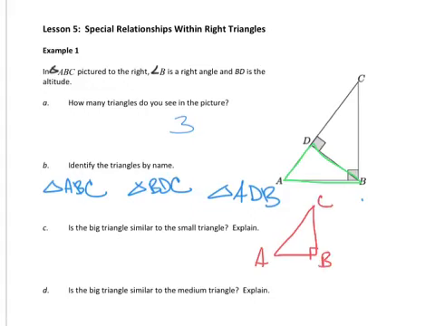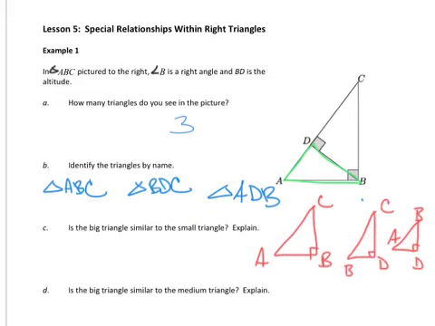And then we have the medium-sized one. So this is a right angle D, and this is C, and this is B, but it's a different B than the other B. And then we have the little guy. So again, this is a right angle D, and B, and A. So for starters, we know that they all three have a right angle to them.